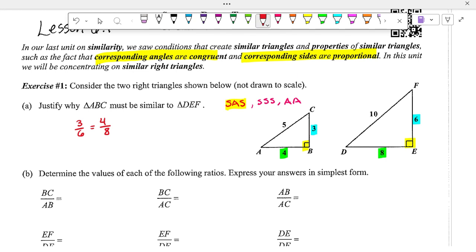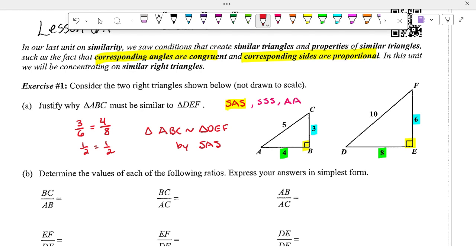Is that true? Yep. Both are equal to 1/2. Thus, triangle ABC is similar to triangle DEF by SAS. All right, so we're 100% certain that those 2 triangles are similar. If we did do it by the hypotenuse, 5 over 10 is also 1/2, so it still works.